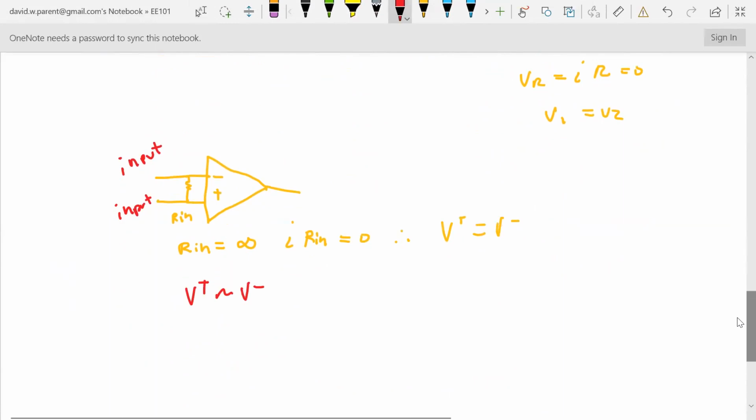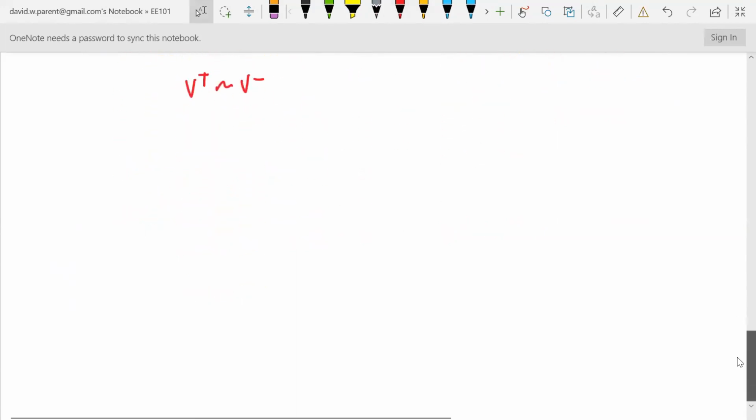But just saying, here's an op-amp, and it's ideal, and Rn is infinite, it's not enough, because I can put two inputs here, 1 and 2, that aren't going to be the same. All right. Now, that might be a subtle thing, but I think it's worth knowing.